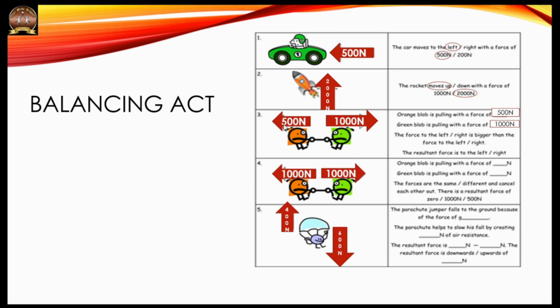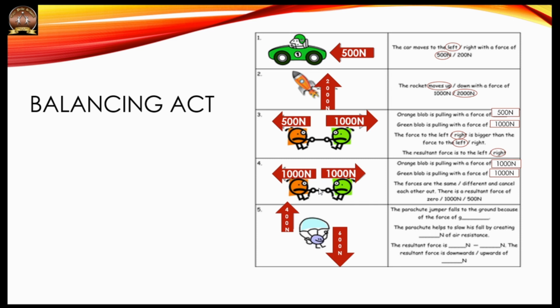Therefore, the force towards the right is bigger than the force towards the left and the resultant force is towards the right because the greater force is towards the right. The orange blob is pulling with a force of 1000 Newton, the green blob is pulling with a force of 1000 Newton.